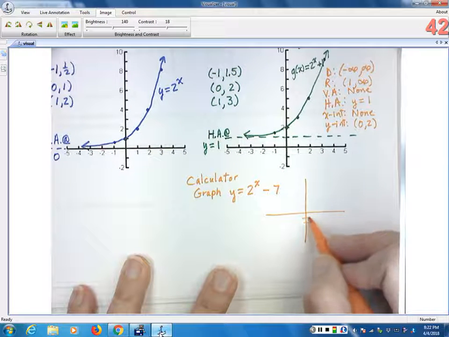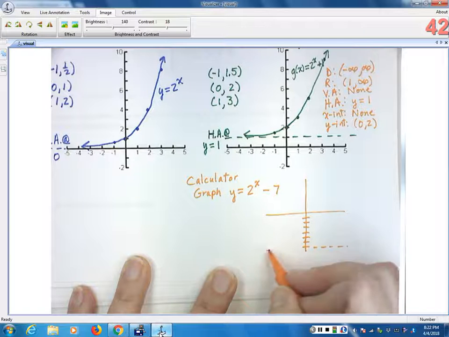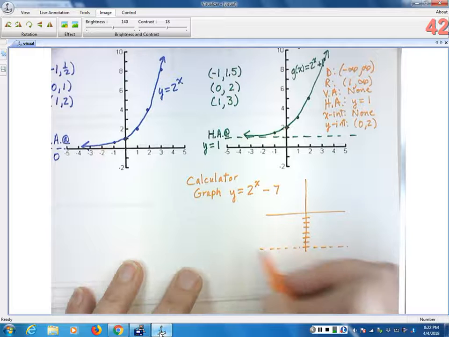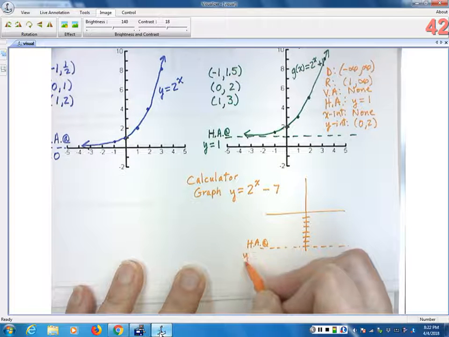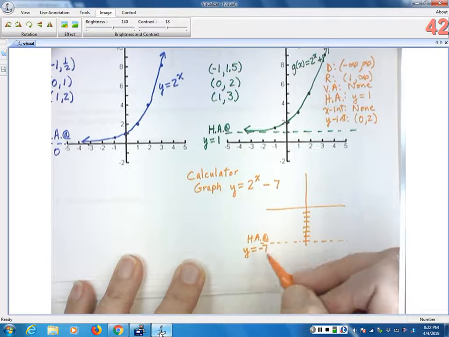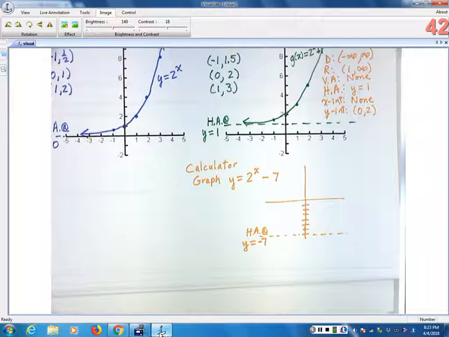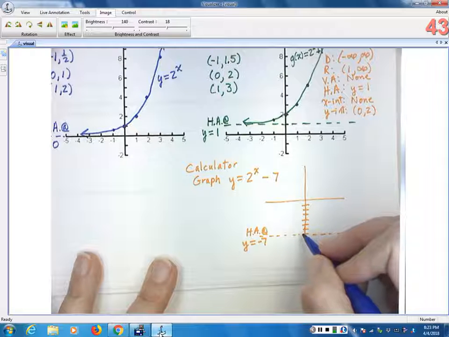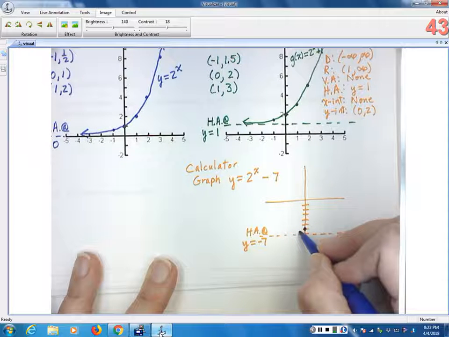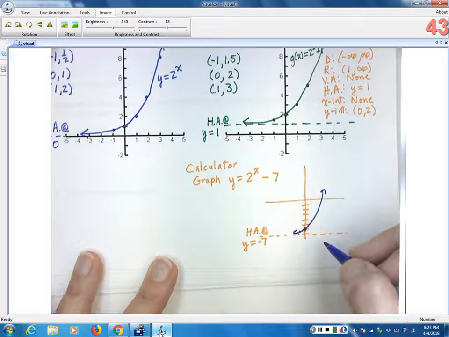And here it is going down 6, 7. So it has its horizontal asymptote shifted down at y equals negative 7. The function is going to look like this. You know, it's going to be here. Just a crude picture. It's going to look like that.